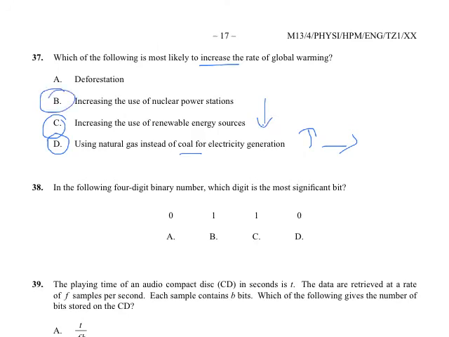If you increase the use of nuclear power stations, well, supposedly you would decrease global warming. But deforestation, of course, if you continue with deforestation, you won't be able to reduce the amount of carbon dioxide in the atmosphere. So the answer is A.